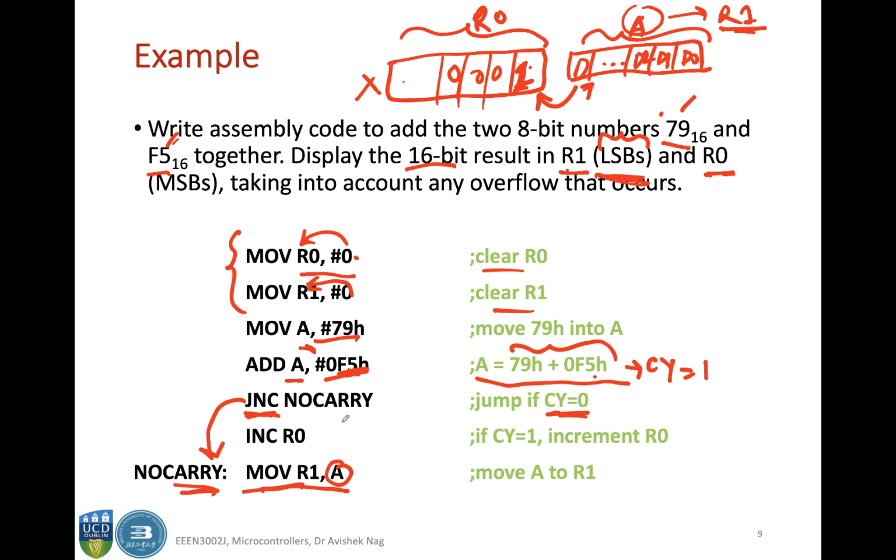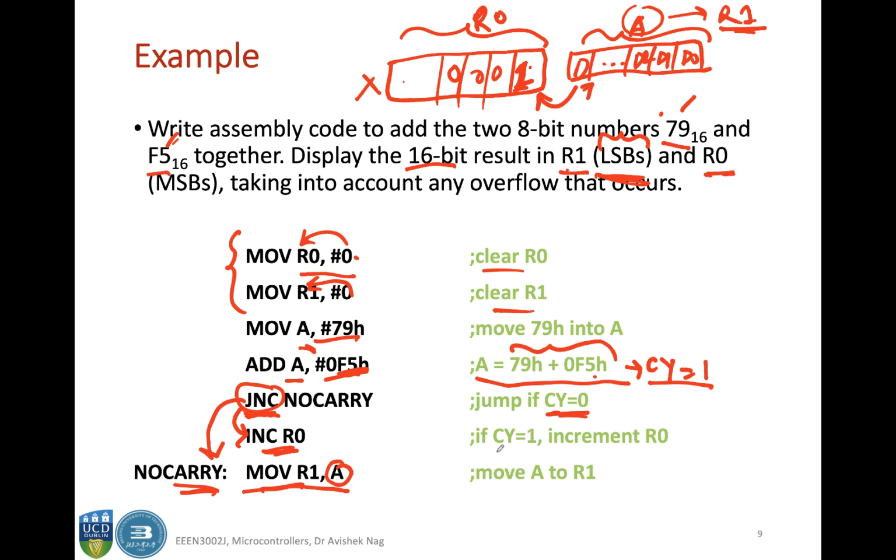But if there is a carry, which is the case for this example, then this instruction will move the program to this line, because this means only jump if no carry. If there were no carry, then it would have jumped here, but since there is a carry, it will go to this line and it will increment R0.